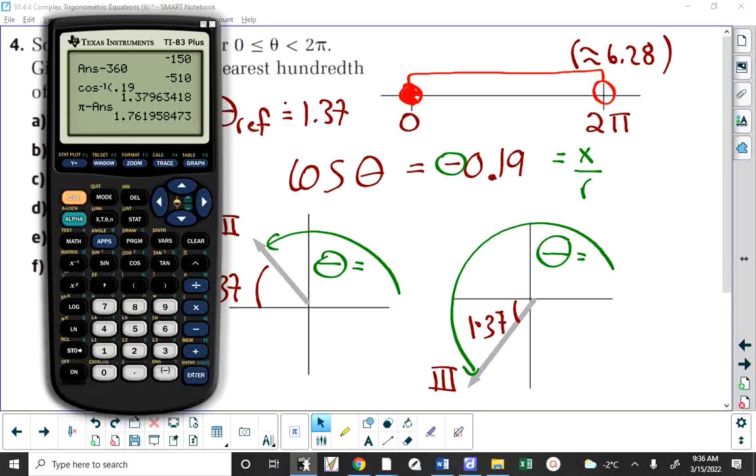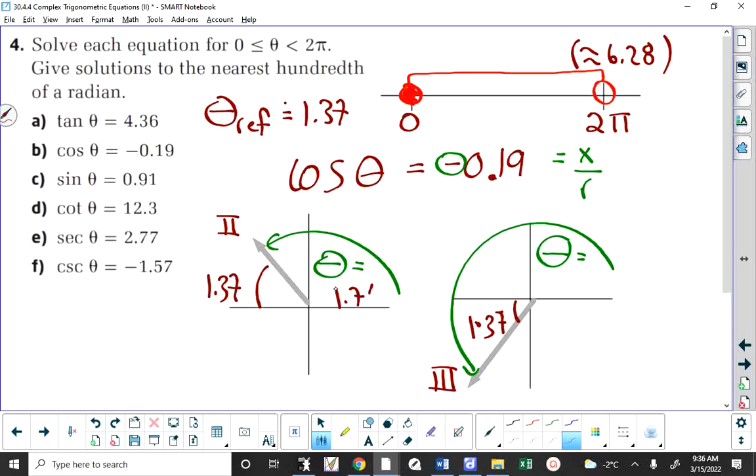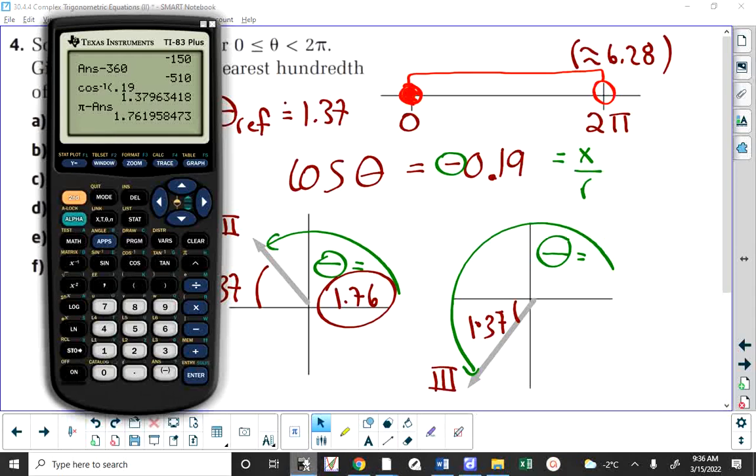So theta in quadrant 2 is 1.76 rads. That's an answer for theta. And in quadrant 3, you're going to have to take 180 degrees, rather pi, and add the reference angle. So you'll take 3.14 plus the 1.37.